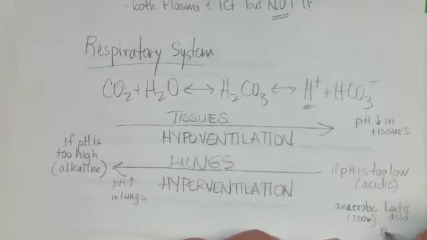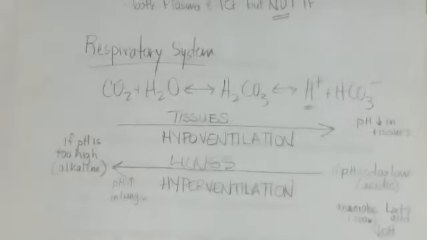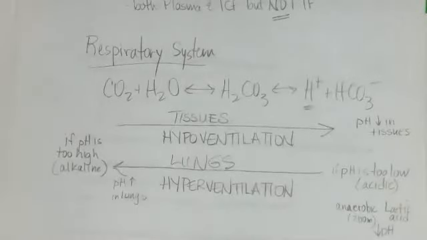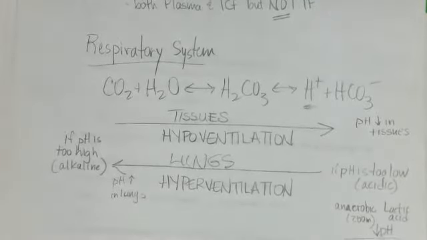So now the pH of my tissues is low. How are you breathing at the end of a 200 meter race? You're hyperventilating, but not because you need oxygen, because you didn't use any. Well, you used some, but the majority of the respiration was anaerobic, lactic acid fermentation.